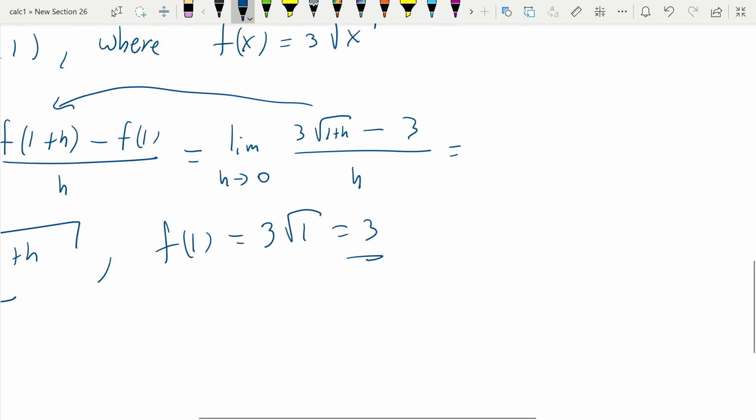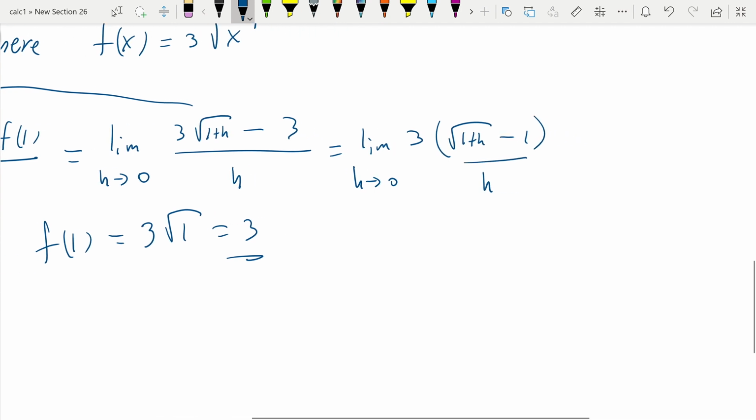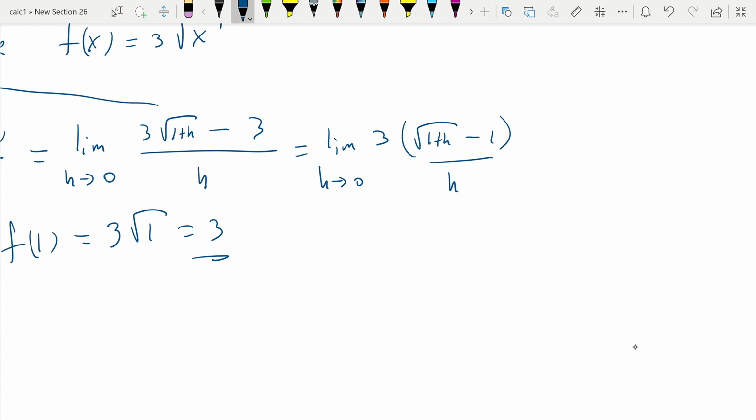So this is the same as taking the limit as h approaches 0 of 3, which is a common factor, times the square root of 1 plus h minus 1 over h. The 3 can be pulled outside because it's a constant.